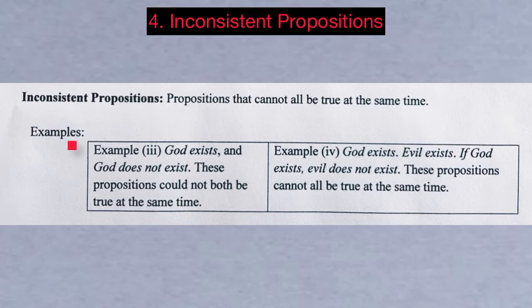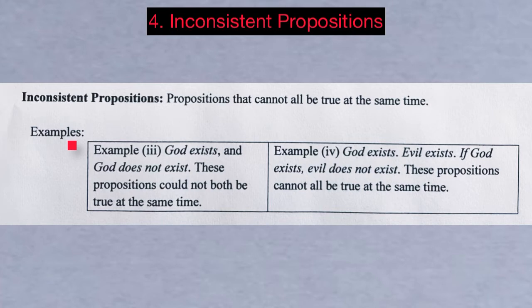God exists, that's one proposition, and God does not exist. Those propositions cannot all be true at the same time. In fact, that right there is what we call a contradiction. Assertion of a statement and a direct denial of that statement together, right? So those statements are inconsistent.